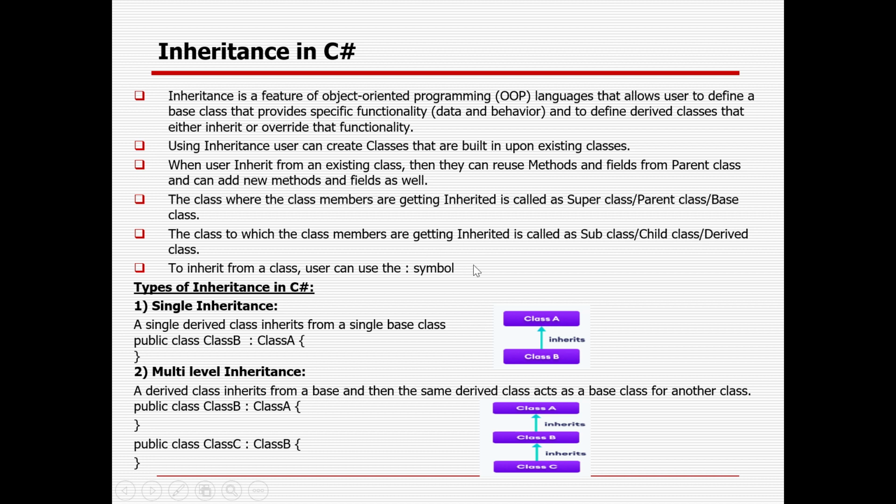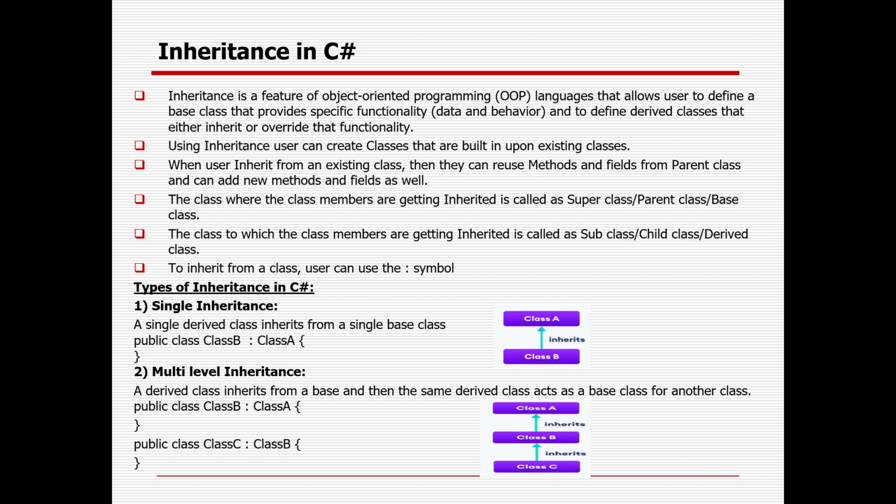Let me give a simple example. What is inheritance? In our life also there is a concept of parent-child relationship. A few of the properties from the parent will go to the child, and similarly from grandparent to parent and parent to child. Here, in case you define some variable or method in the parent class and establish a relationship between the parent and child class, the child class can access all the methods or fields.